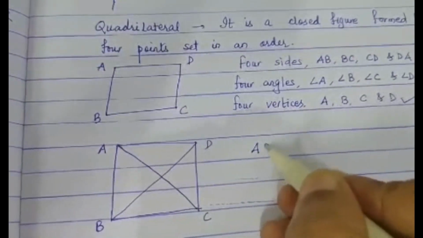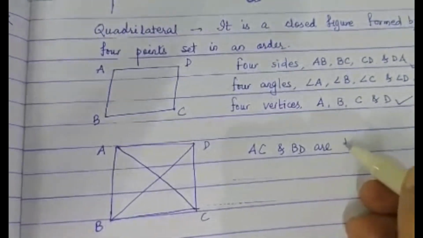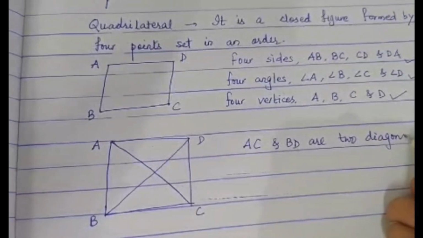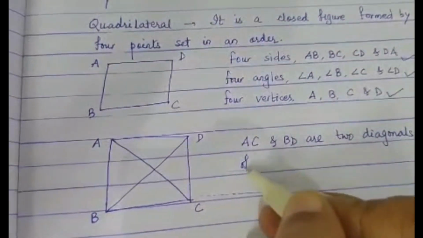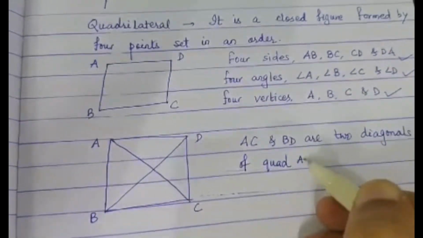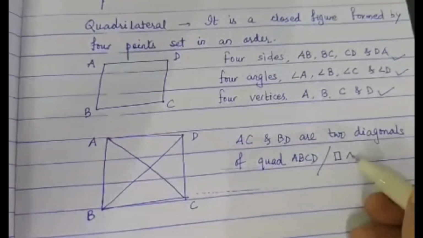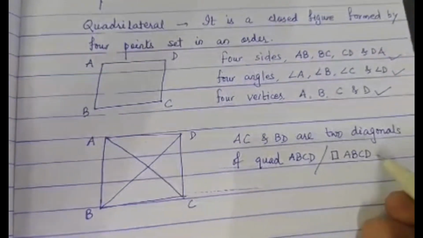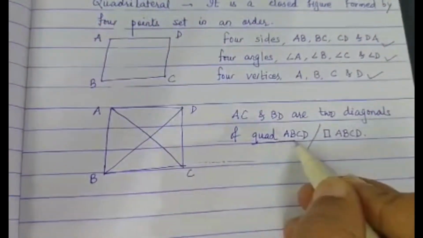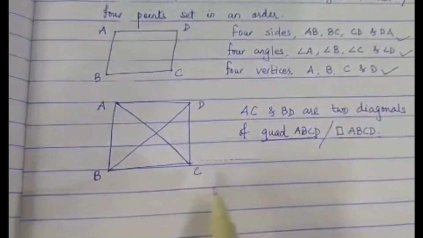So AC and BD are the 2 diagonals of the quadrilateral. You can write quadrilateral ABCD with a symbol like this or like this.